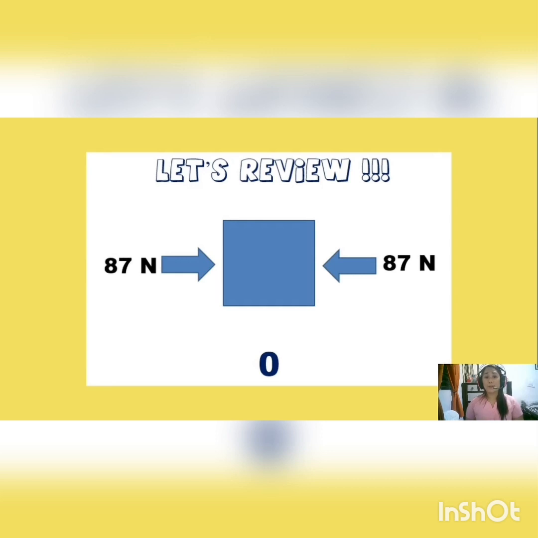And then for the last one, let's say one person pushes the box going to the right and the other one going to the left with the same amount of force. All you need to do is to subtract them because the directions are opposite. So 87 minus 87 is equivalent to 0.